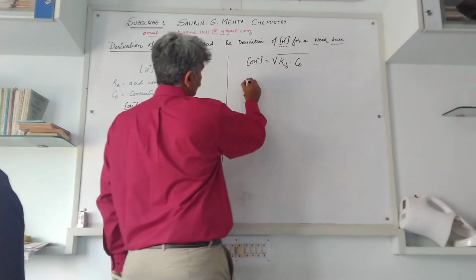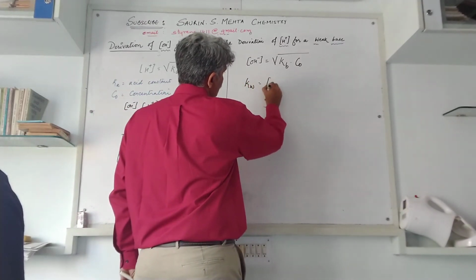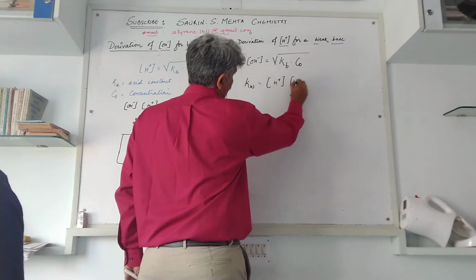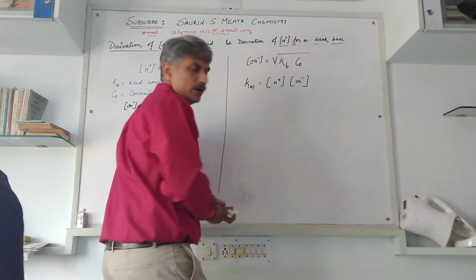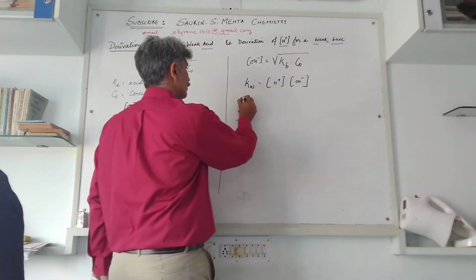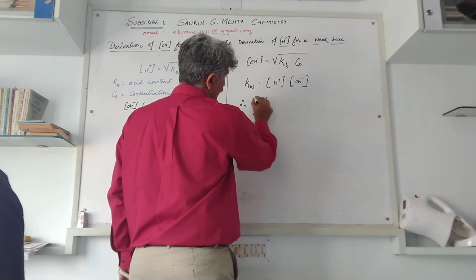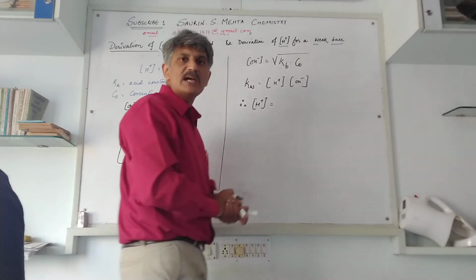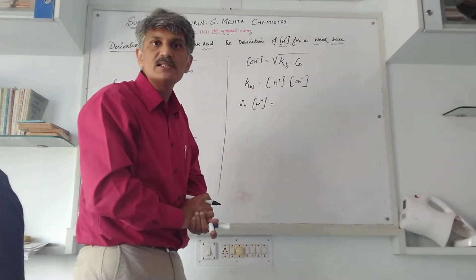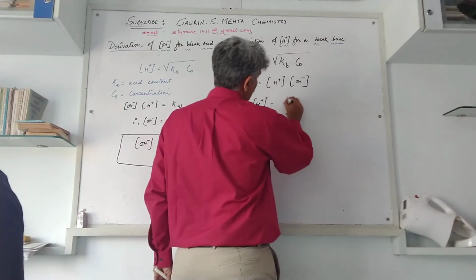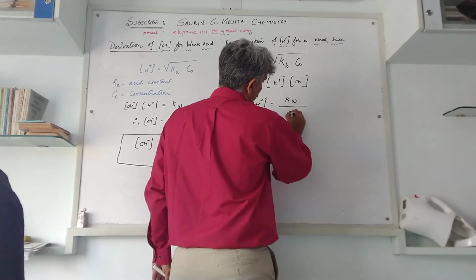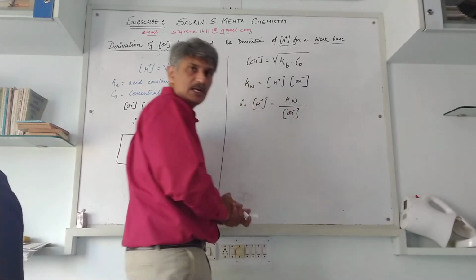But for water, we know that Kw is the concentration of H+ ion times the concentration of OH- ion. Therefore, for a weak base, make the H+ ion the subject of the formula, and that is always equal to Kw upon the concentration of OH- ion.